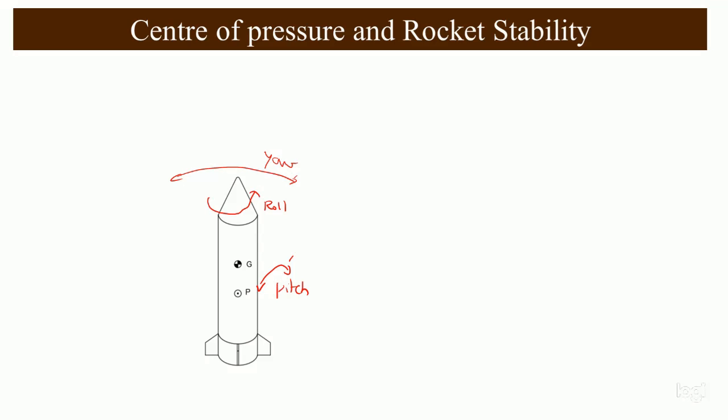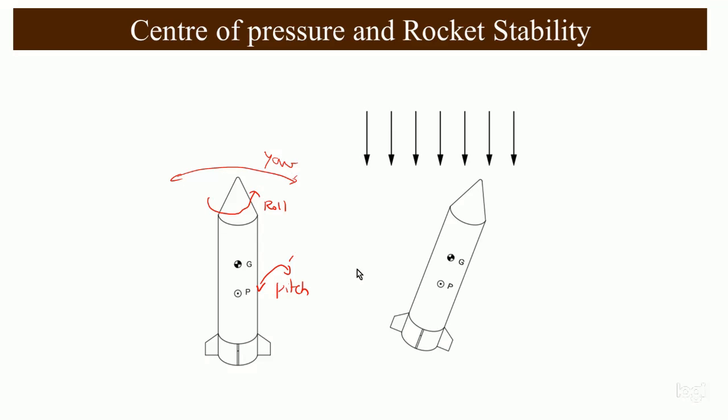Now how does this center of gravity and center of pressure influence the stability, and how does it restrict these pitch and yaw movements, we will see. Whenever a rocket goes up, the main problem is with the wind. Now when there is an approaching wind which comes somewhere here, what is the main trouble?